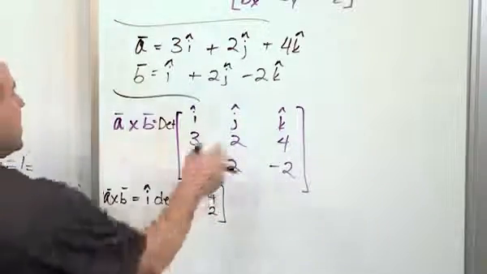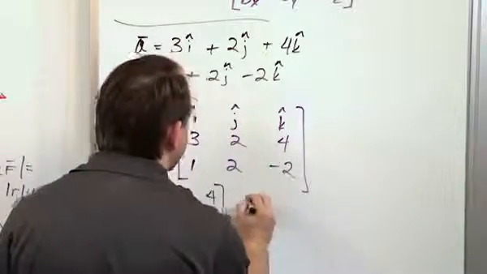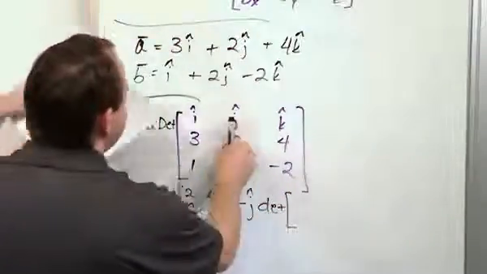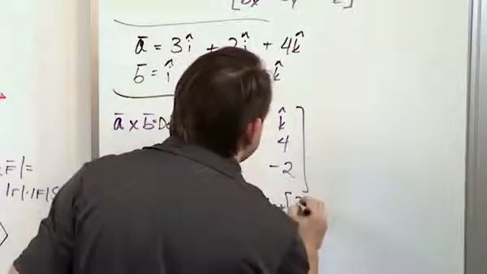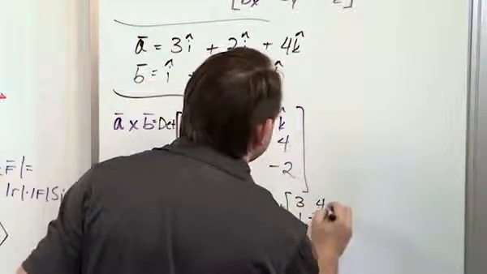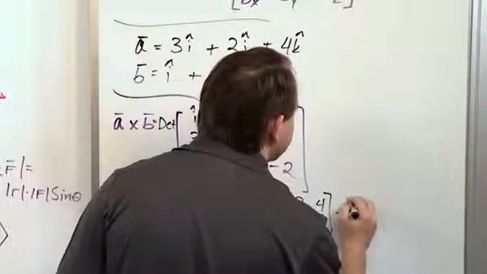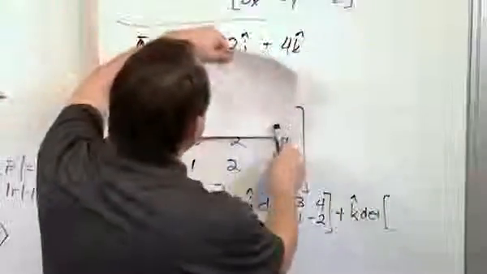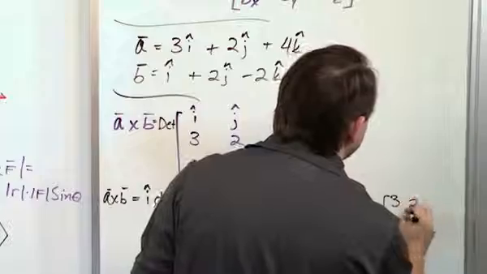Now we have to go to the next one, but we always have to remember to put our negative in here, and J hangs around in front times the determinant of the matrix that's left over when we cover these up: 3, 4, 1, negative 2. And then we have plus in the K direction times the determinant of whatever's left over when we cover these up: 3, 2, 1, 2.